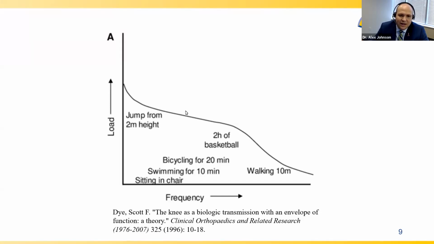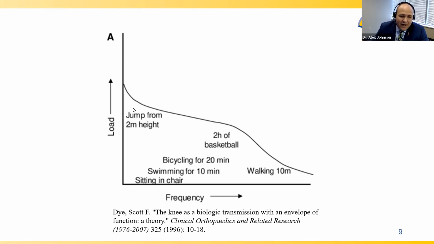If you look at this line, you can look at how much you're doing an activity or how strenuous that activity is. Say you could jump from 6 feet of height and you do it once, and you might be okay doing that. Or you walk for 10 minutes or 20 minutes and you're totally fine doing that.